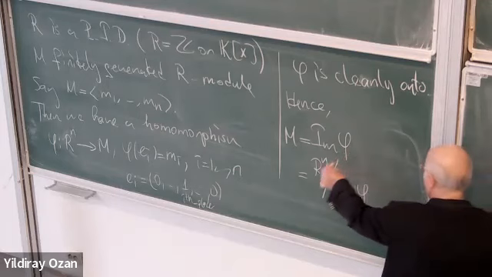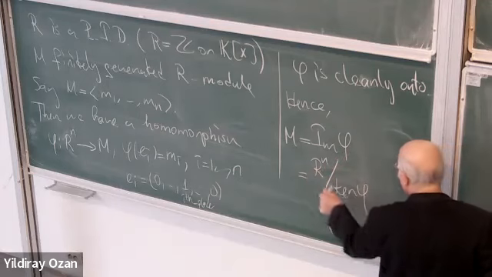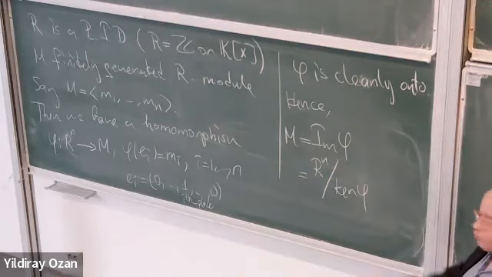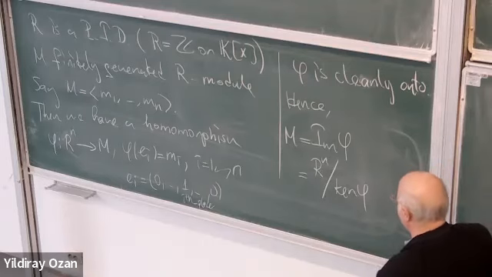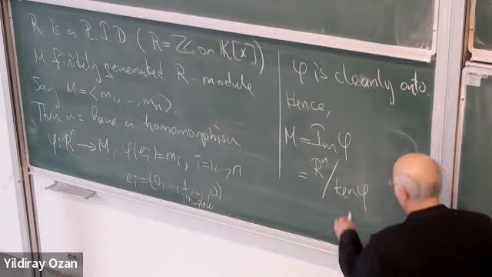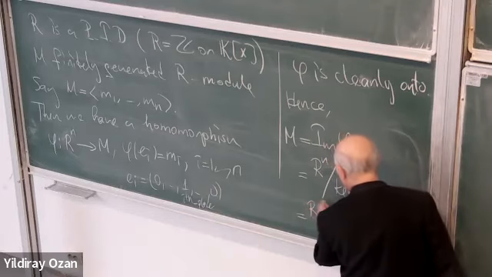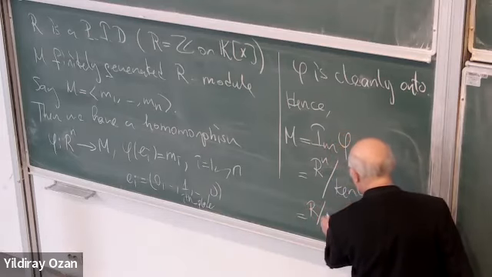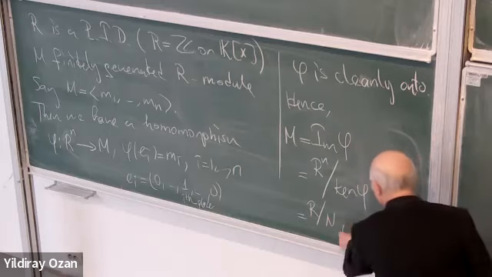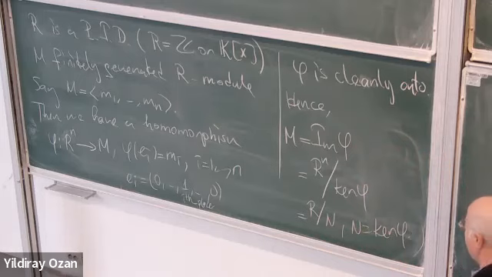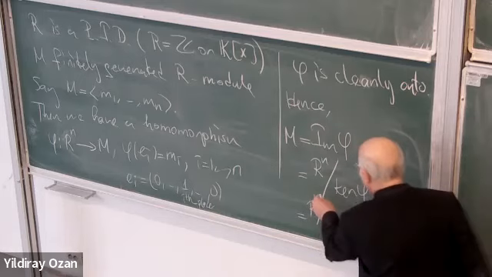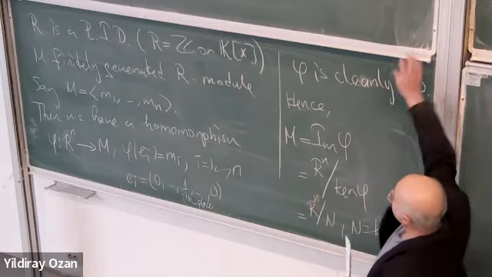The image is equal to the domain divided by the kernel. First isomorphism theorem. Therefore, this is just R^n divided by, let's say, K, where K is just the kernel of phi.